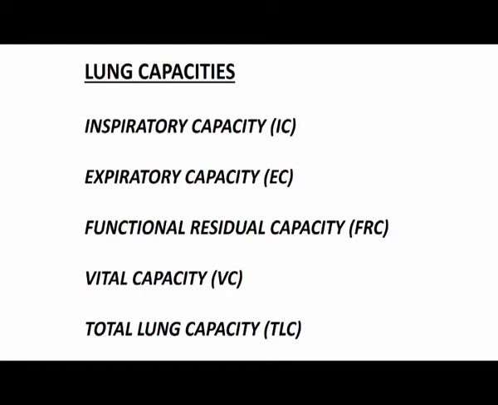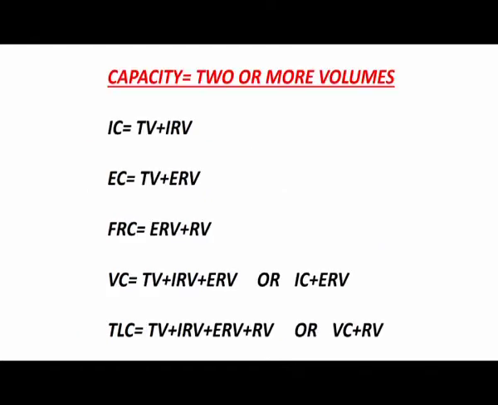Now, we can always express capacity in the form of a mathematical model, and what we discussed is that capacity is nothing but two or more volumes. Inspiratory capacity is tidal volume plus inspiratory reserve volume. Expiratory capacity is tidal volume plus expiratory reserve volume. Functional residual capacity is the addition of expiratory reserve volume and residual volume.